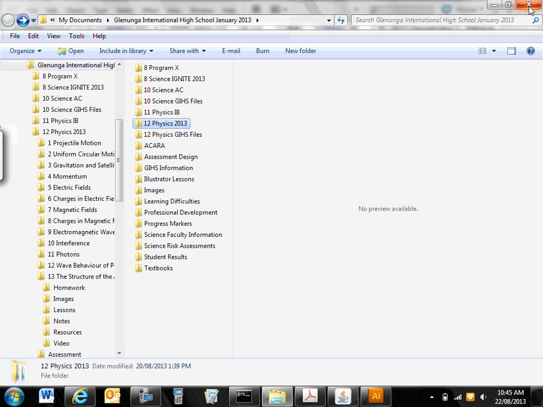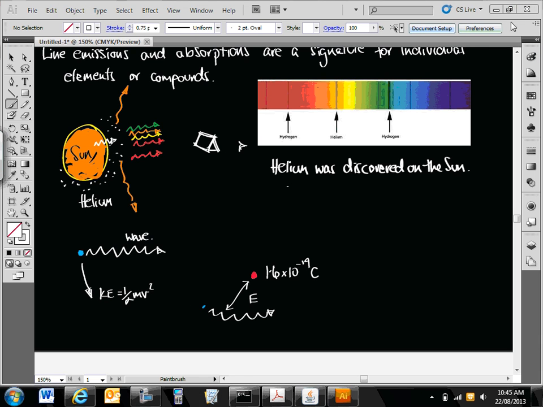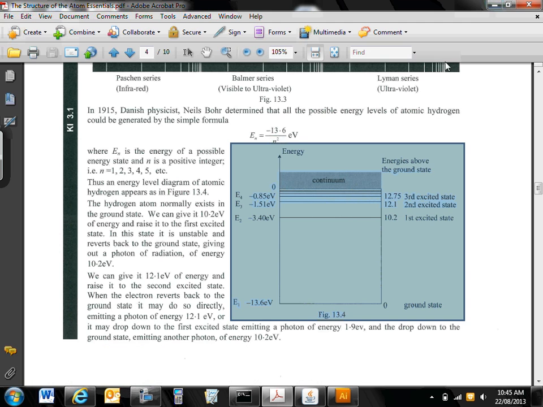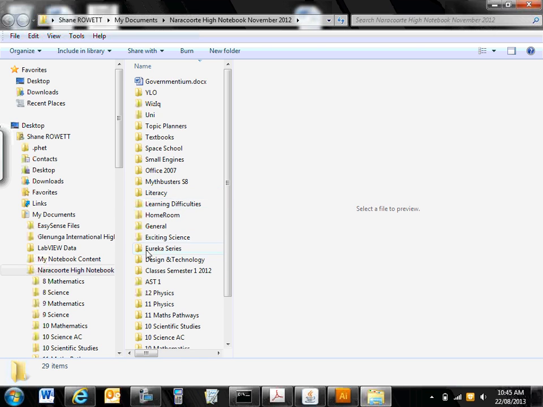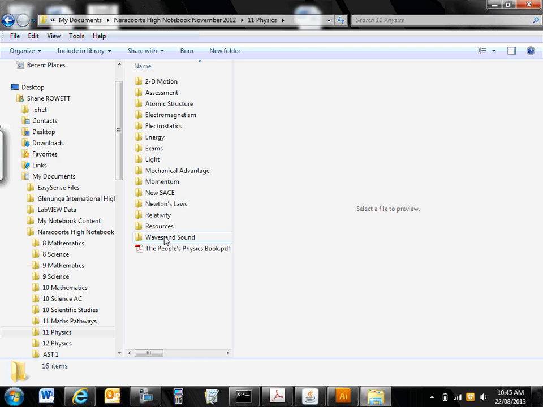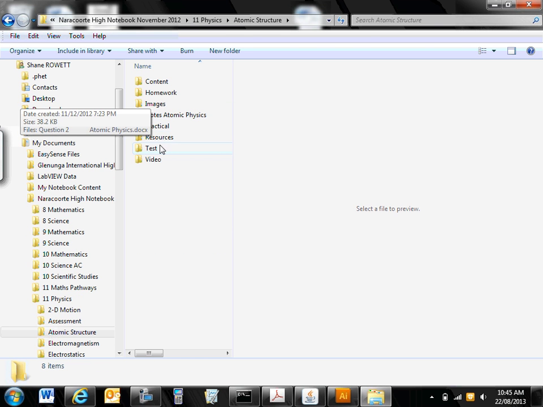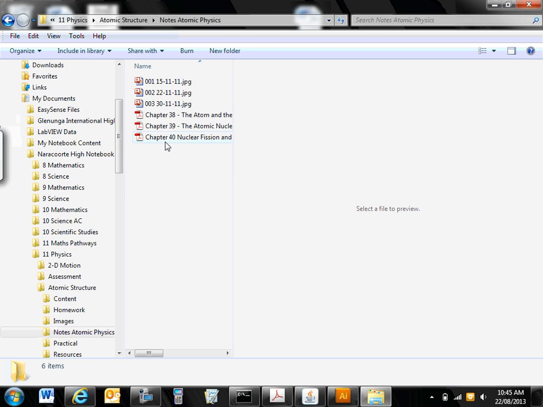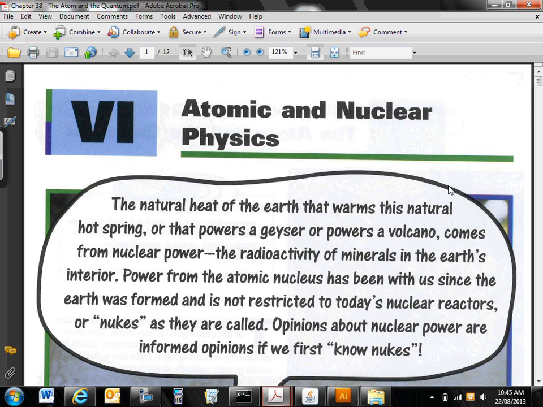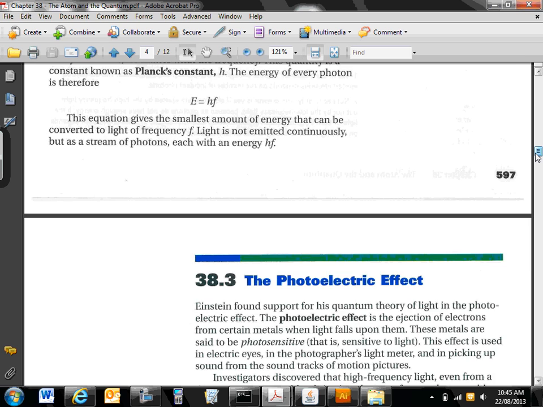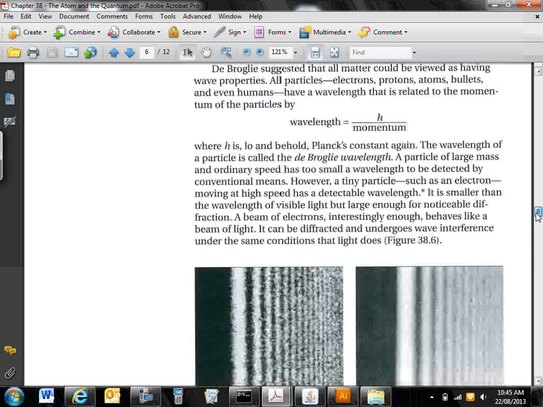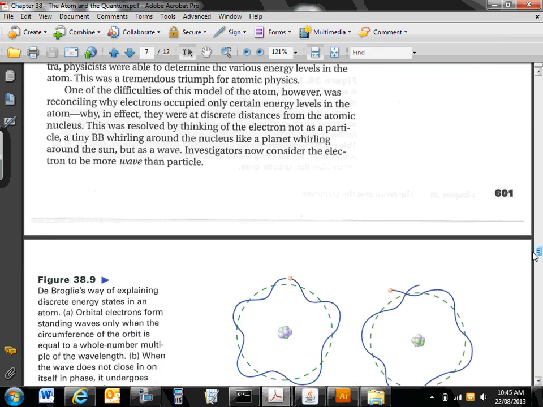We might have to go old school. You might remember this text. You might remember this diagram. Here it is.